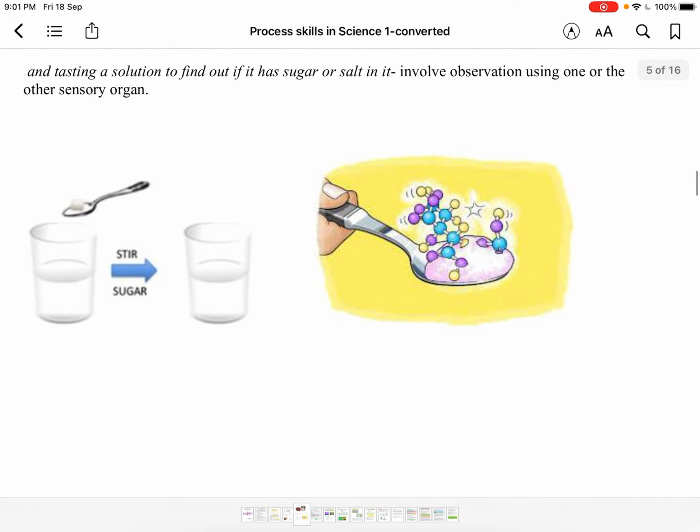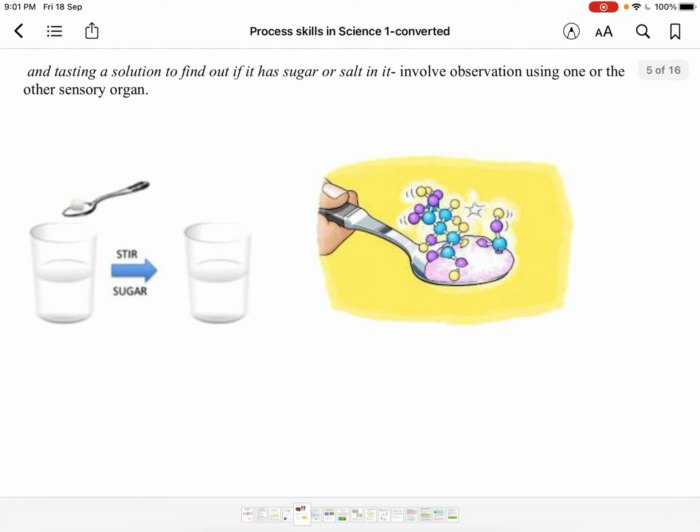Here is a very simple exercise. A half-filled glass of water is there, and sugar is stirred and mixed in it. Externally we cannot find out what is in it, but now you want to know what type of solution it is, whether it is salty or sweet.